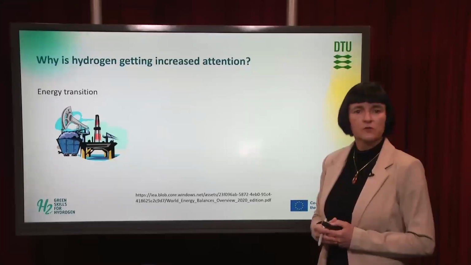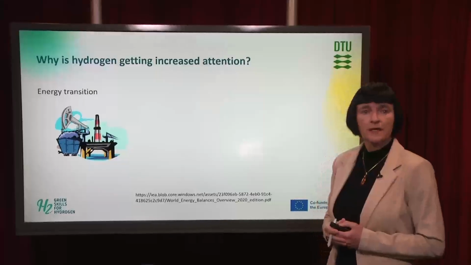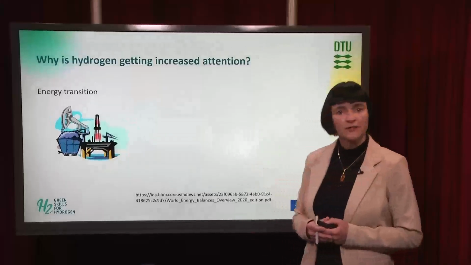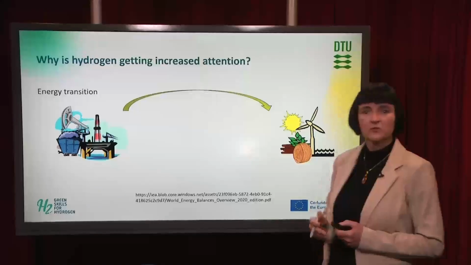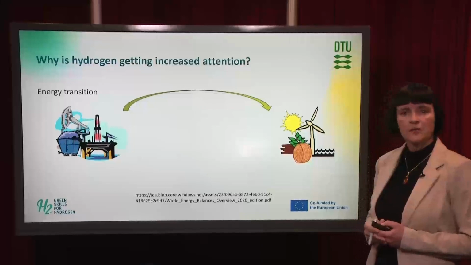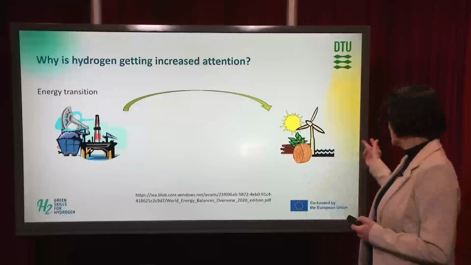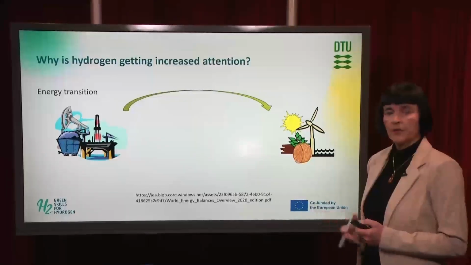That is because we are in a period of energy transition. Right now our energy system is based on fossil fuels, on coal, natural gas, oil. And in the future, as soon as possible, we want to transform to an energy system based on renewable energy sources, solar, wind, waves, biomass, preferentially biomass waste.